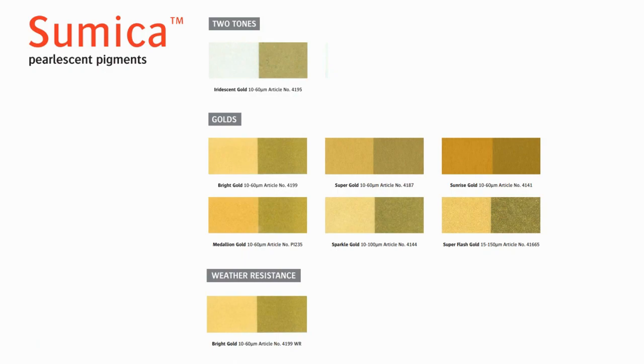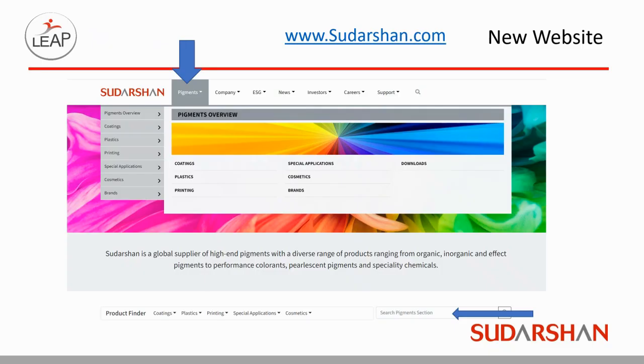You can find more information on our website. It's been updated. A couple of ways to do that is to go to our Pigments tab, and then you can view by application and sub-application. Or if you don't know where to start, you can put in the color index in the Pigment Finder selection box here, and it'll bring up all of the products in that color index category.